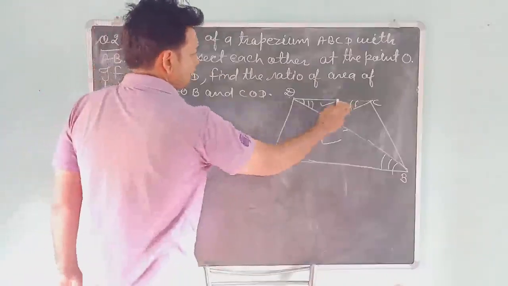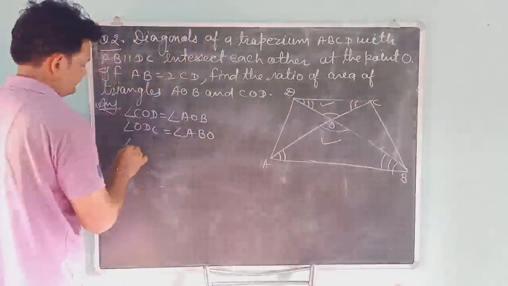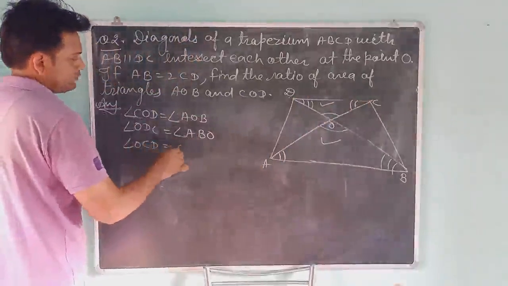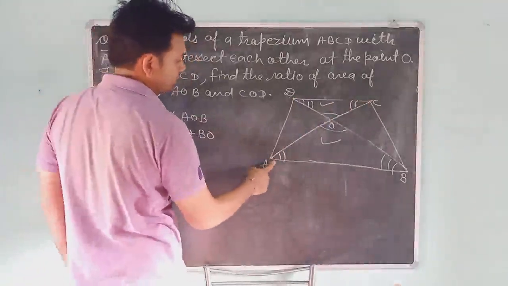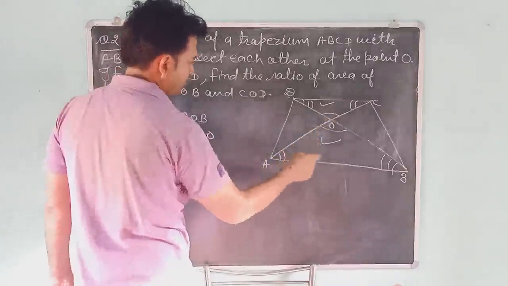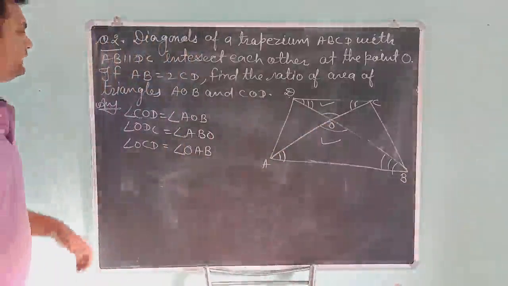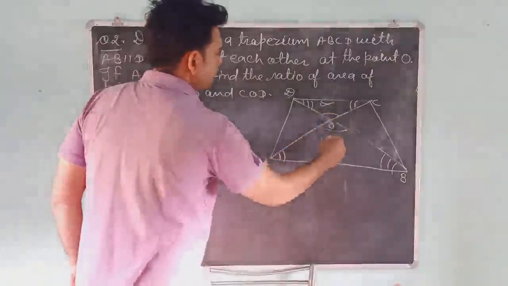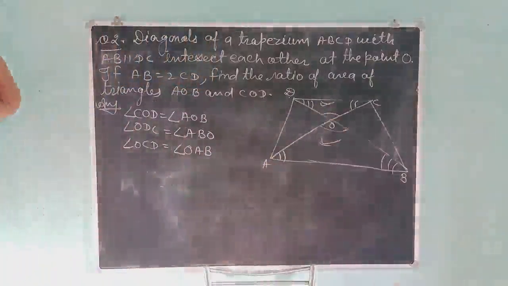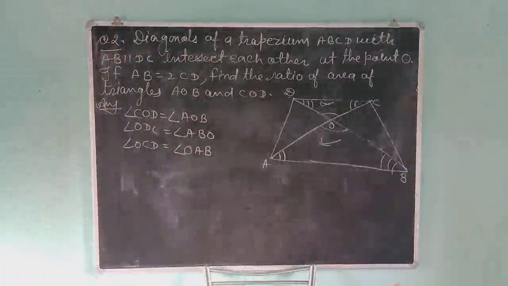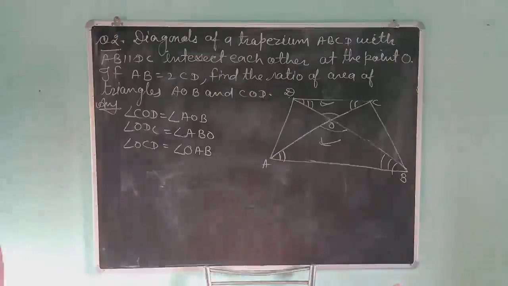Angle OCD is equal to angle OAB. So, students, you can see that in triangles ODC and OAB, all three angles are equal to each other. Corresponding angles are equal, so these two triangles are similar.